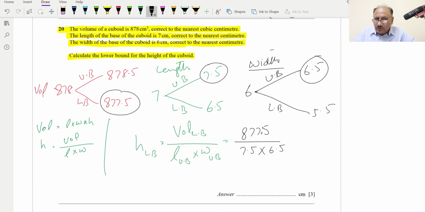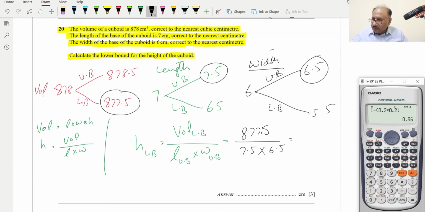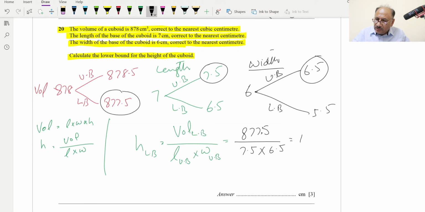We can calculate this, fraction 877.5 over 7.5 into 6.5, and this will be equal to 18. So our answer will be 18 for this question.